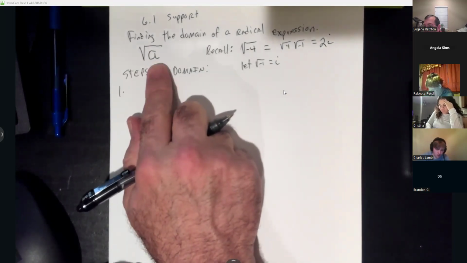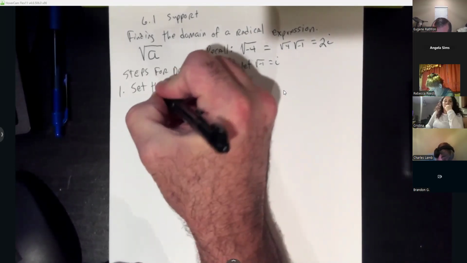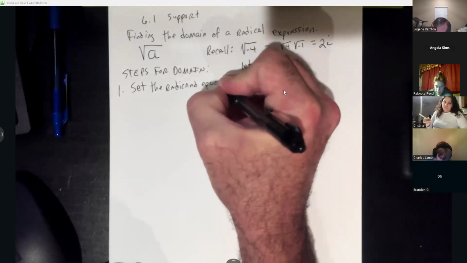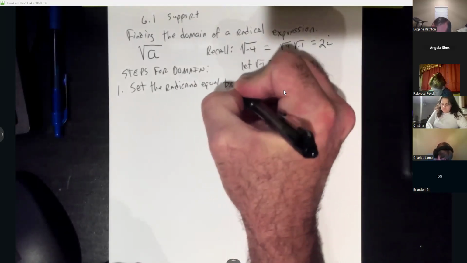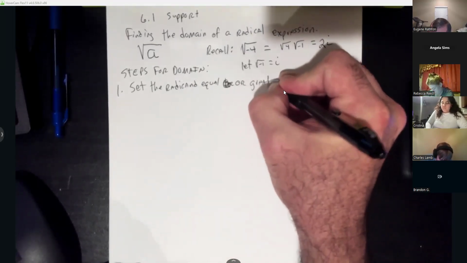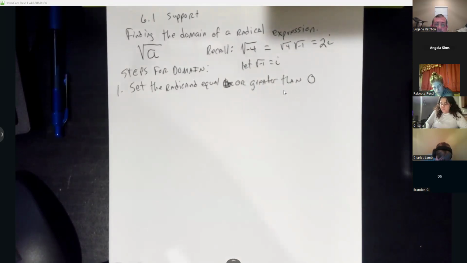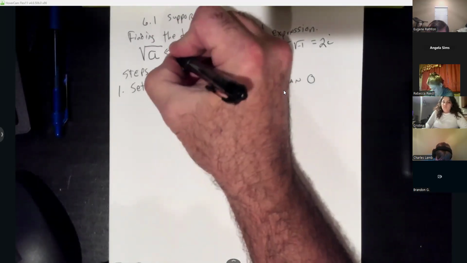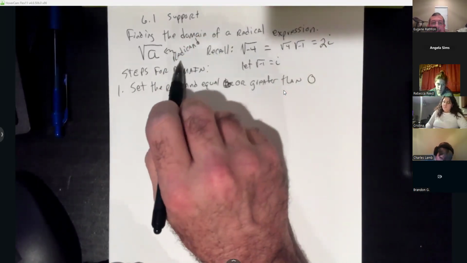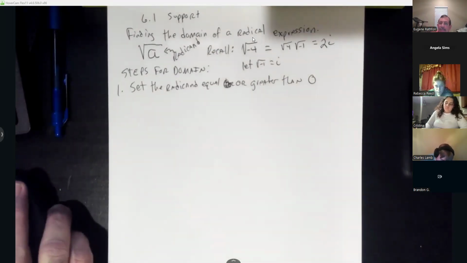Now, since the smallest number this can be is 0, what I'm going to do is set the radicand equal or greater than 0. Now, y'all, the radicand is the A under here. Whatever's under that radical is called the radicand, okay? So we're going to set it equal or greater than 0.